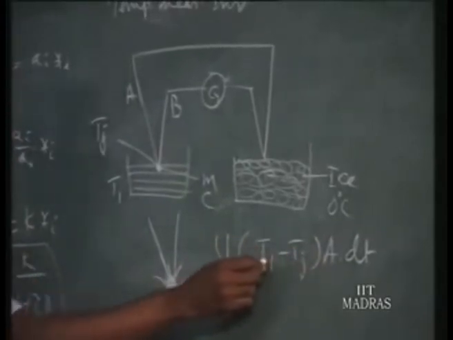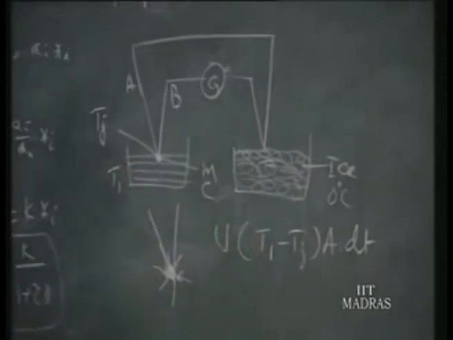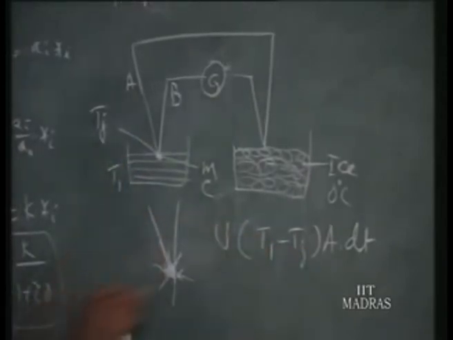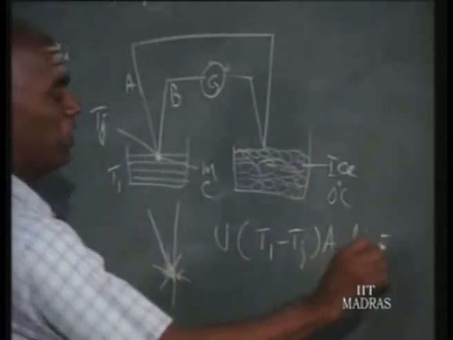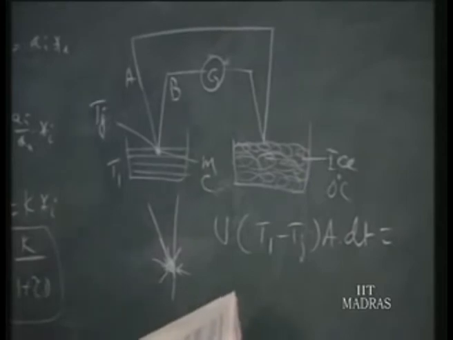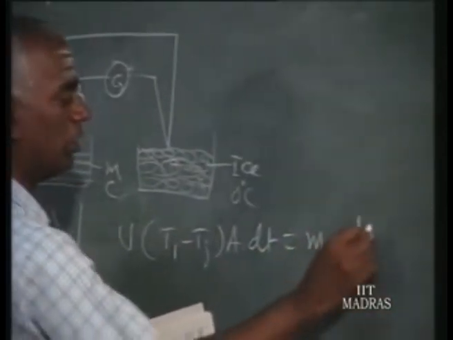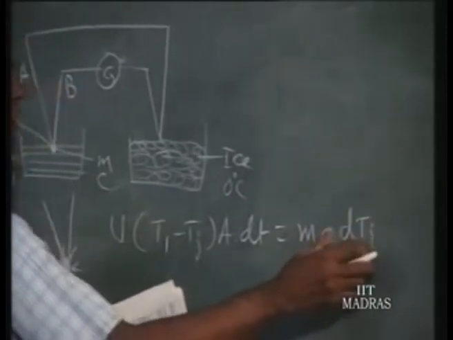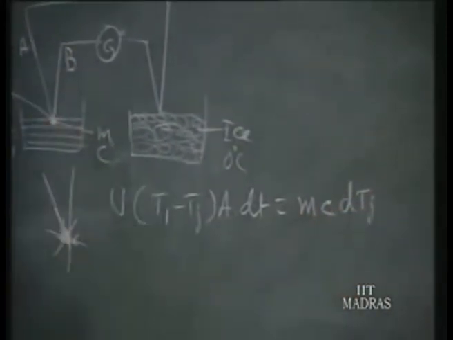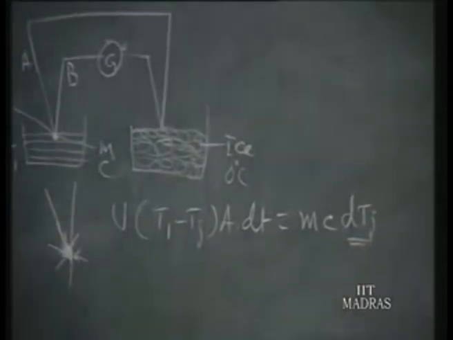T1 is the final temperature of the bath, and Tj is nearing T1. This heat flown through the surface area and stored by the mass is equal to M into C into dTj, that is the temperature increase in the junction, which we call the differential dTj.